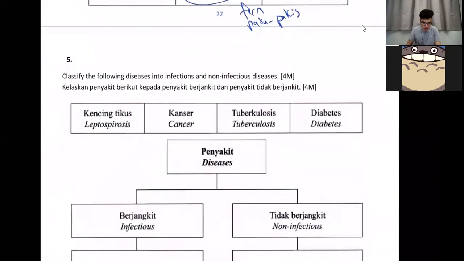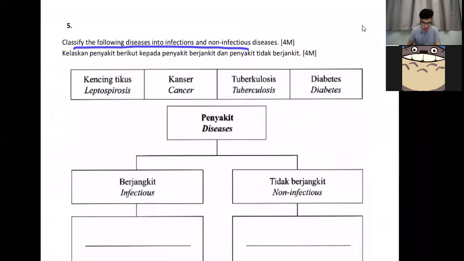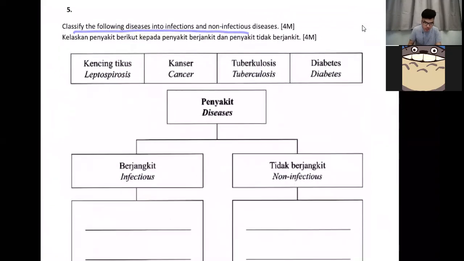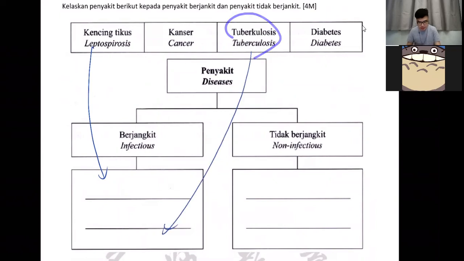All right. So number 5, classify the following disease into infectious and non-infectious disease. Infectious means berjangkit, you can pass it to others. For example, your leptospirosis, this is a rat urine disease, and your tuberculosis, this is a lung disease. Okay, just like COVID is a lung disease. And then, of course, non-infectious is your cancer.